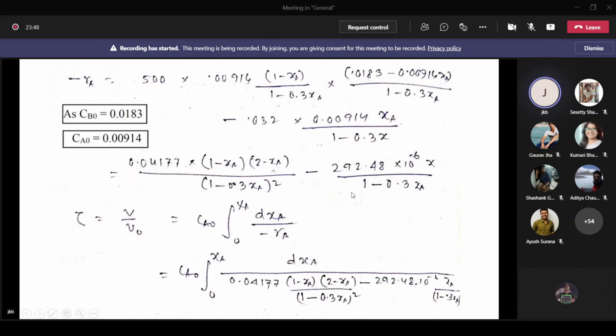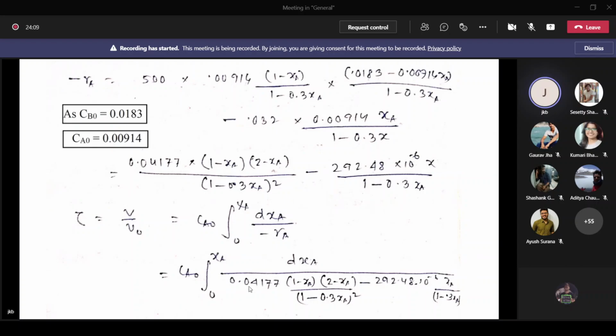This equation you substitute in the mole balance for the plug flow reactor. The plug flow reactor mole balance is tau equals Ca0 integral from 0 to Xa of dXa by minus Ra. Substitute the rate equation, and this is the equation.